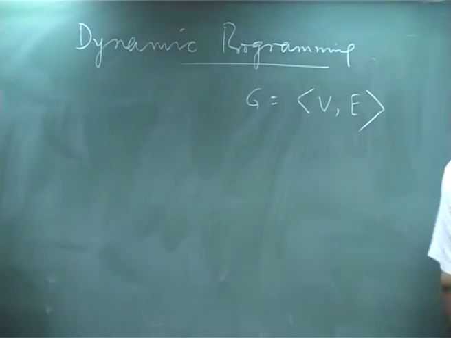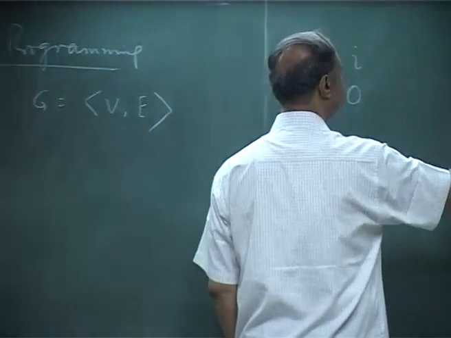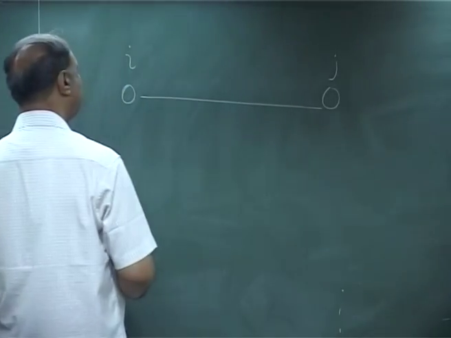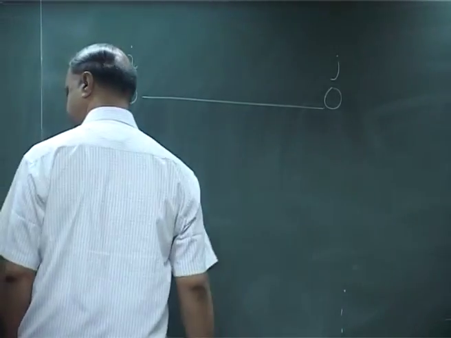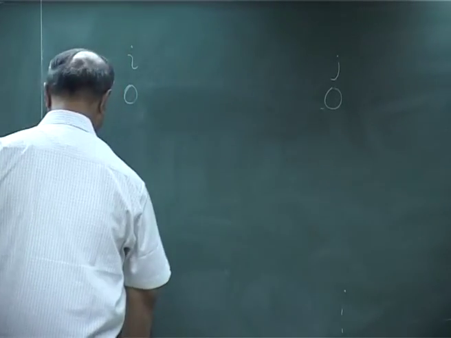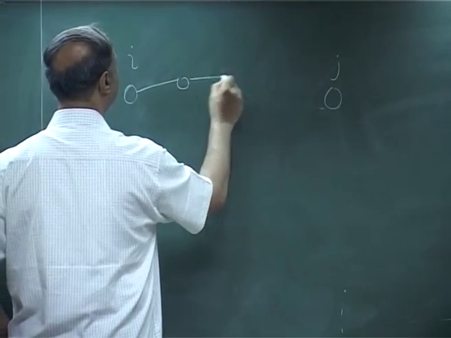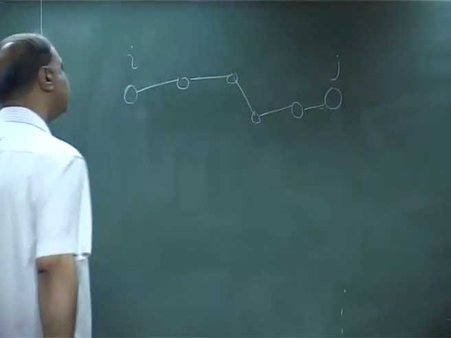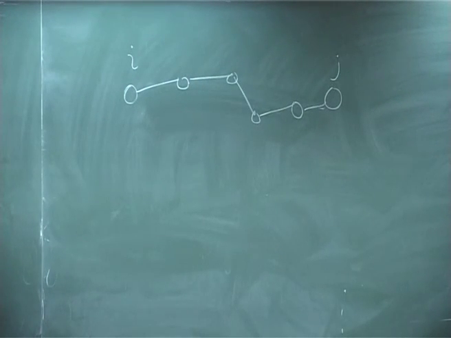Suppose at any instant, for i and j, you have the shortest paths via some nodes, or via some vertices lying between 1 to k minus 1.